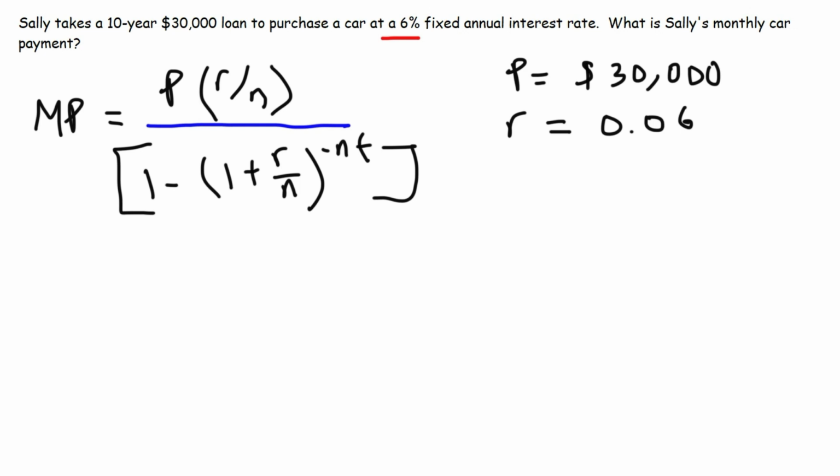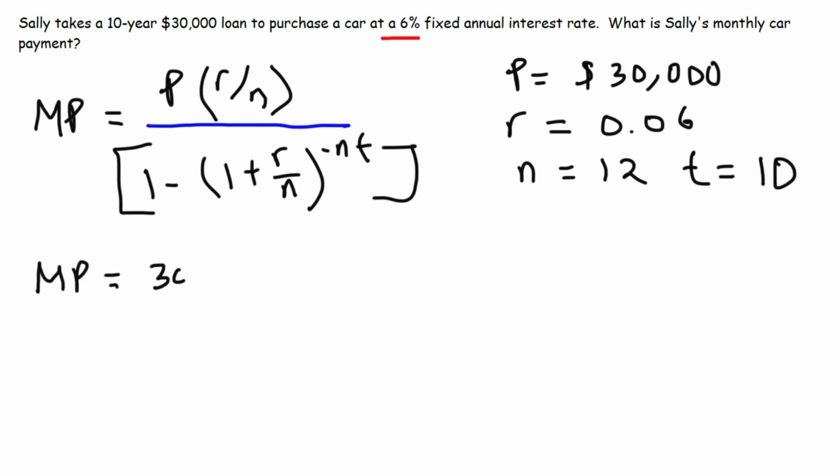Now, the next thing that we need is n and t. We know that n is 12. Now, what is t? T is basically the term of the loan. It's the time in years. And since this is a 10-year loan, T is going to be 10 years. Now let's go ahead and plug everything that we have into this formula.